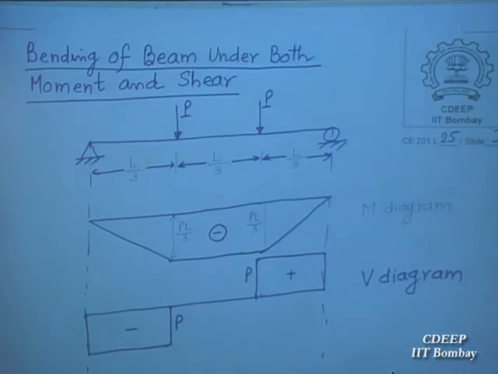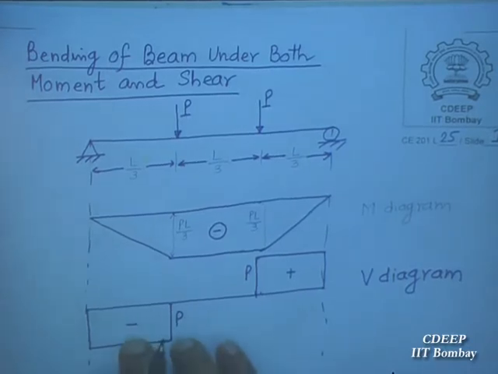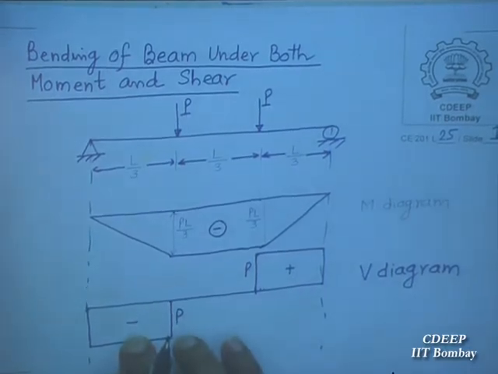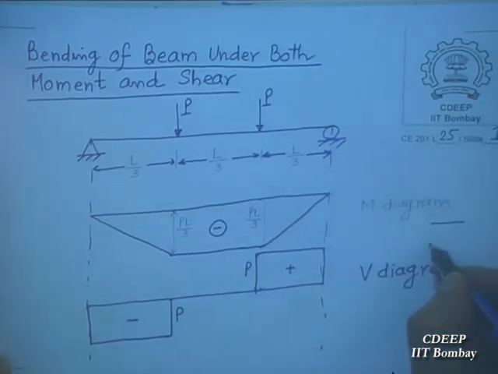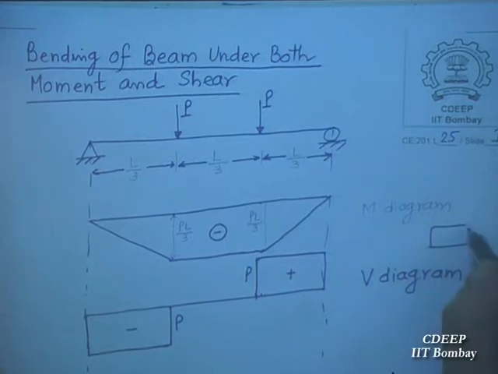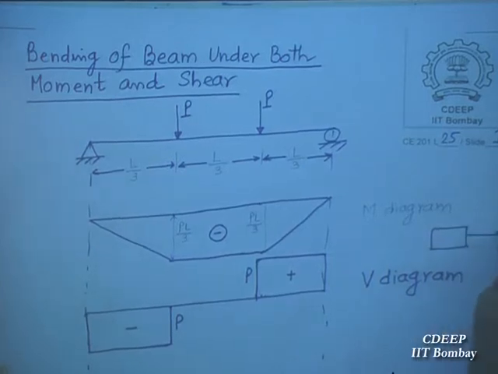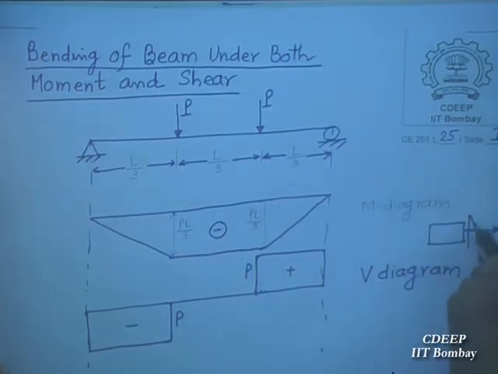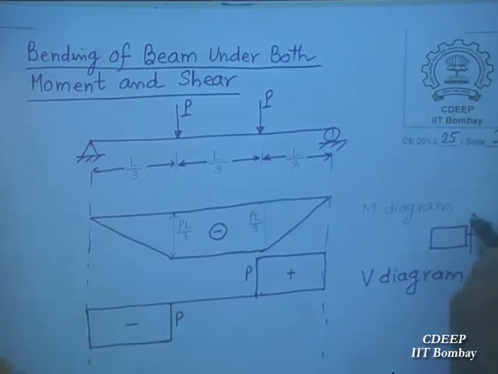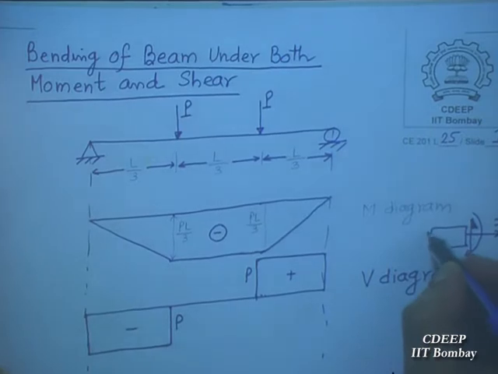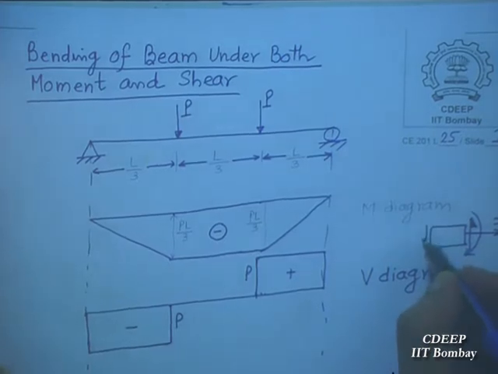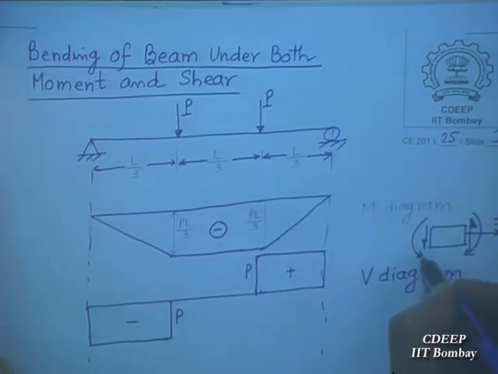Signs are okay. Why is it negative here? As per our sign convention, on any cross section on a positive x face, this is our positive shear; on a negative face, this is our positive shear and this is our positive moment.